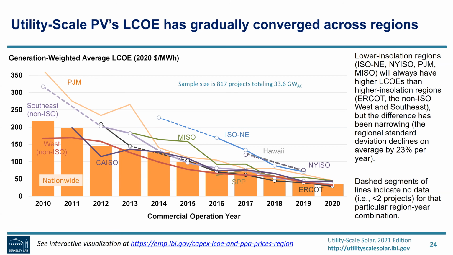Back in the early days of the industry, you would expect a Western LCOE to be much lower than you'd see in the East. That is no longer necessarily the case. There's still a difference, obviously, but the spread has narrowed as the upfront cost of these plants has declined.